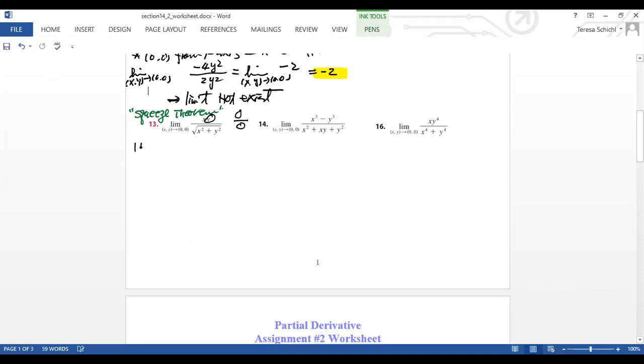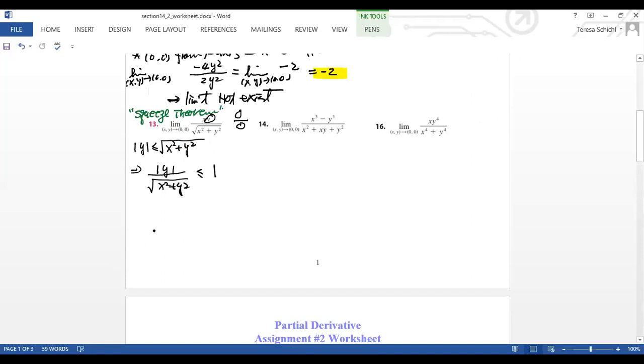I know the absolute value of y is less than or equal to the square root of x^2 + y^2, because x^2 is always something positive, so x^2 + y^2 is always greater than 0. Now you divide both sides by the square root of x^2 + y^2. So you will have the absolute value of y over the square root of x^2 + y^2 is less than or equal to 1.